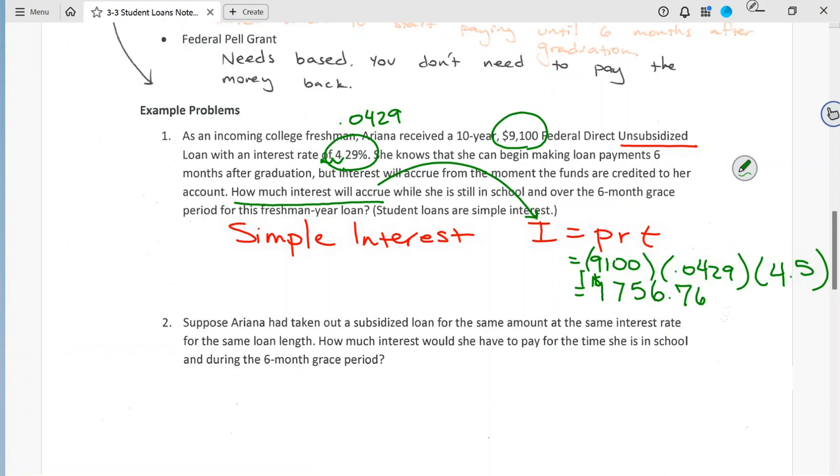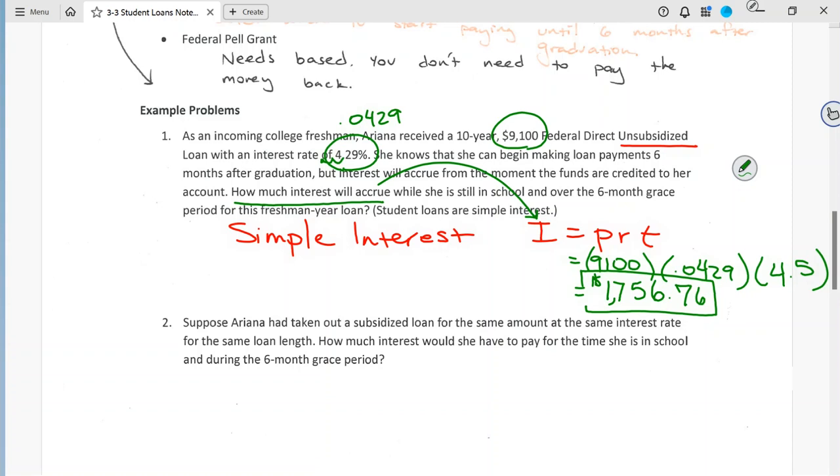Okay, now that's how much interest will accrue from that loan freshman year. That would be added to the $9,100 that she borrowed, by the way. And so you're looking at maybe $11,000-ish that must be paid back by the time she begins making payments after college.